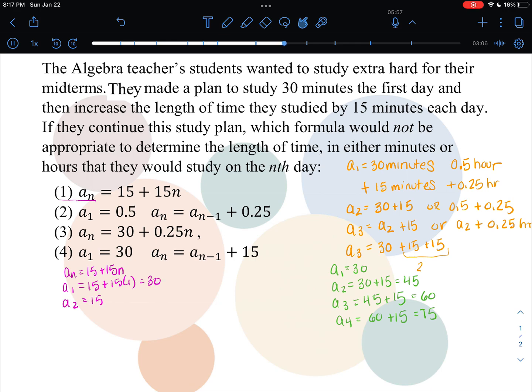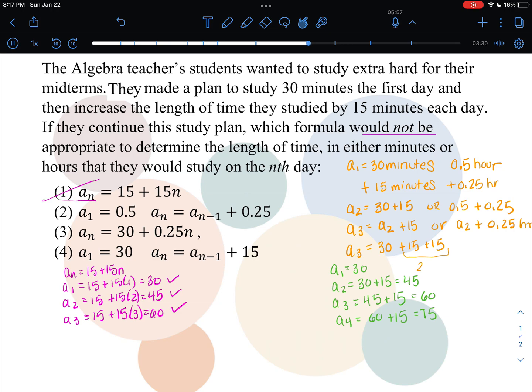A2 is going to be 15 plus 15 times 2, which is going to be 45 minutes. A3 is going to be 15 plus 15 times 3, which is going to be 60. It does appear that this is following our pattern and would be appropriate, which means it is not going to be the answer I'm choosing for what would not be appropriate.